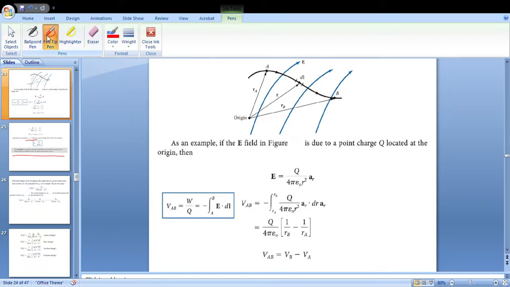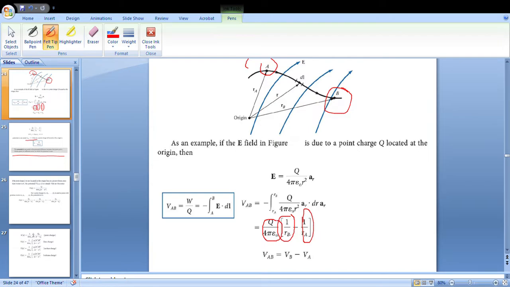We started the derivation by taking 2 points, that is point A and point B. So we were able to find the potential difference between A and B, given by VAB, and VAB is given by 1 by RB minus 1 by RA into these constants, that is Q divided by 4 pi epsilon naught, right?